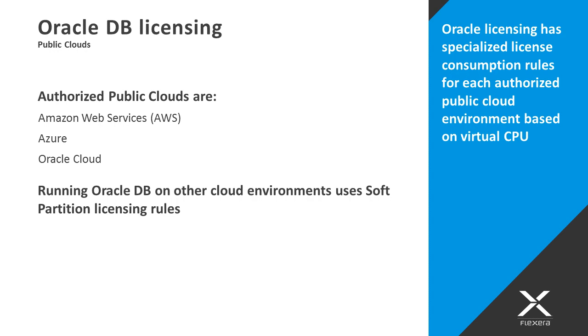It depends on what you're using. So running Oracle DB on any other cloud environment will use soft partitioning licensing rules, which is count the complete cores of your underlying system layer.